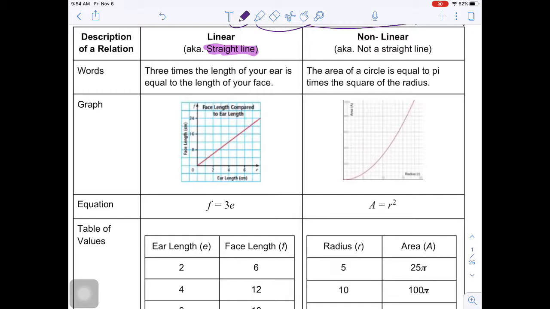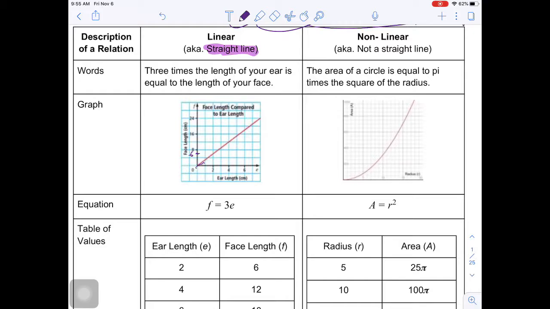So essentially your face is 3 ear lengths long. And we can see that is a straight line. If we plotted this, let's say you have 2 centimeters for ear length, you can see here that that's going to actually equal up to 6 centimeters for your face length, okay? Because it's 3 times your ear length.